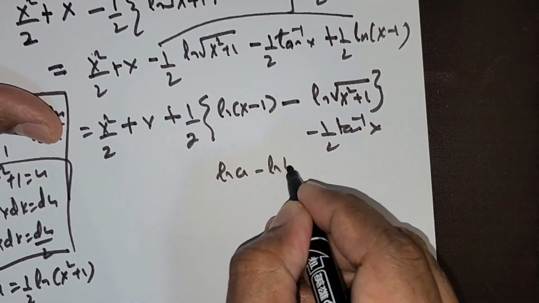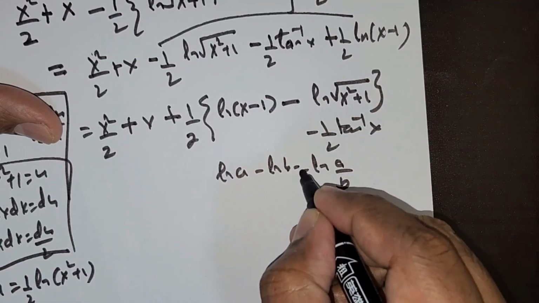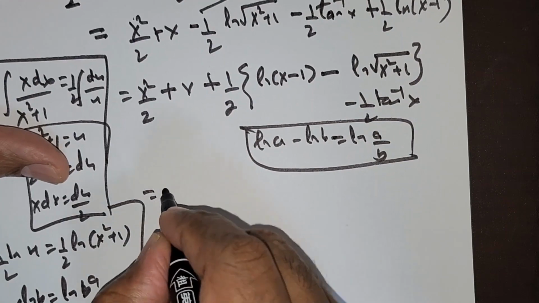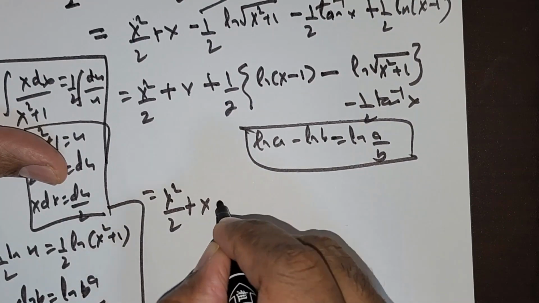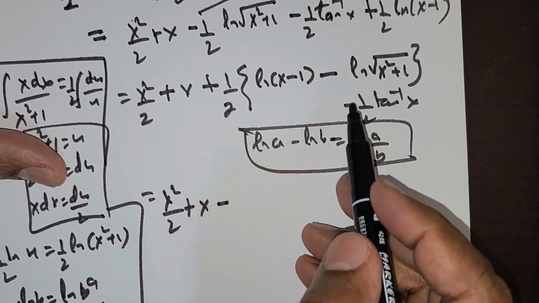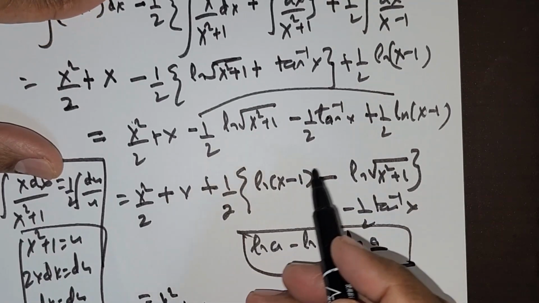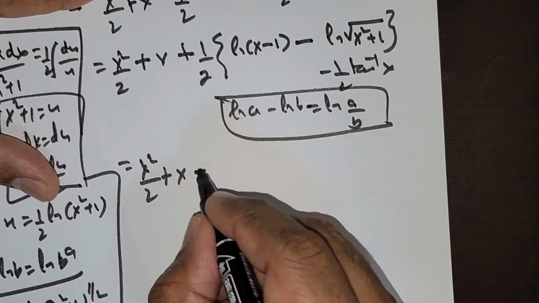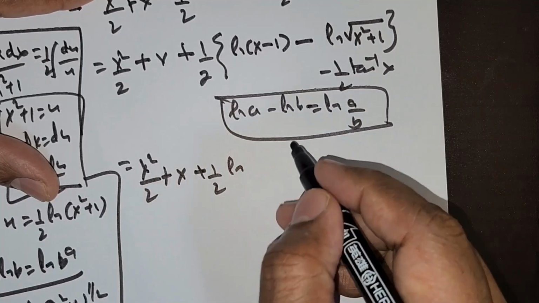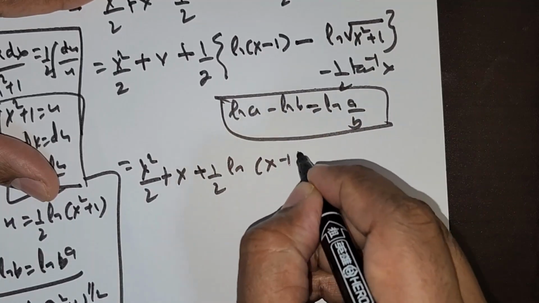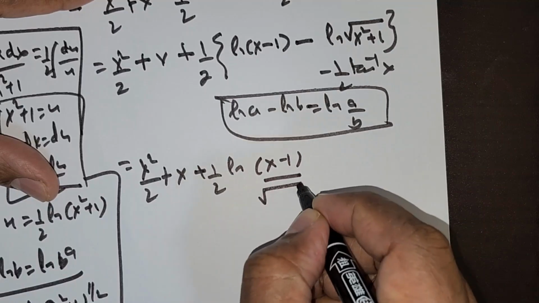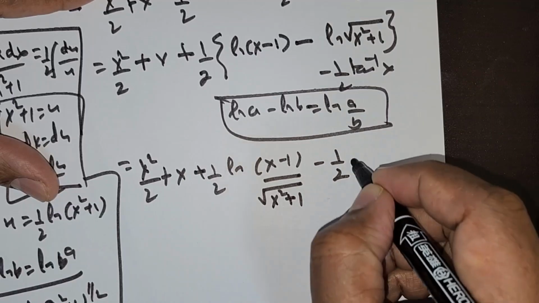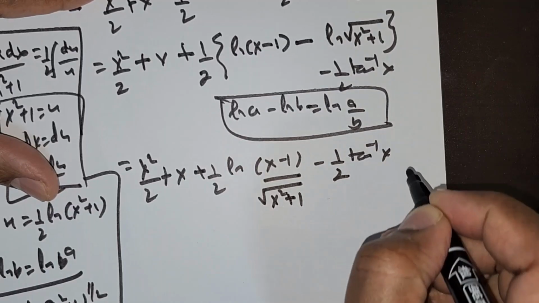Now ln of a minus ln of b is equal to ln of a over b. So by that, if I were to substitute this, this is going to be x squared over 2 plus x, followed by positive 1 over 2 ln of x minus 1 divided by root of x squared plus 1, minus 1 over 2 tan inverse of x.